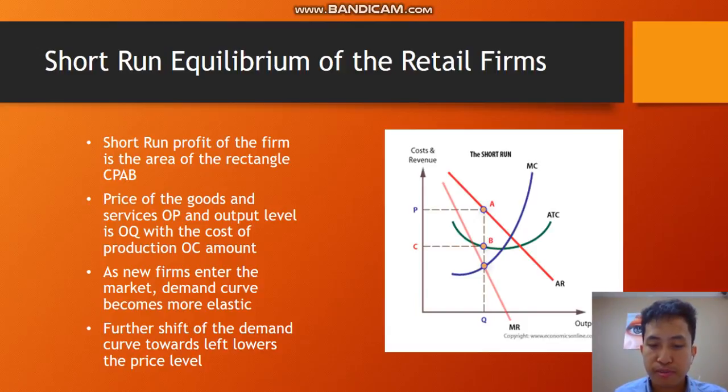AR is the demand curve of the firms. When new firms enter the retail industry, the demand for the goods and services of the existing firms becomes more elastic. In that case, the demand curve will shift towards the left and also lower the price level for the firms, and all the supernormal profit will be eroded away.